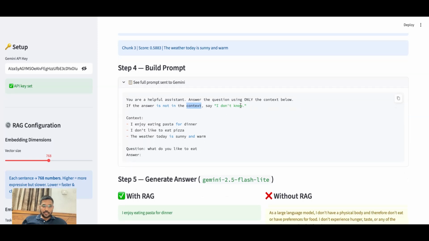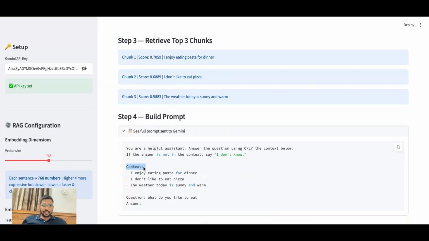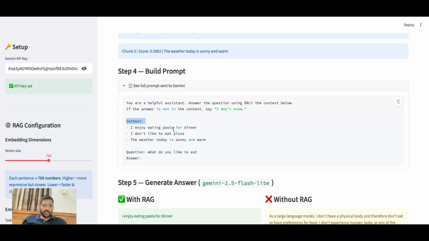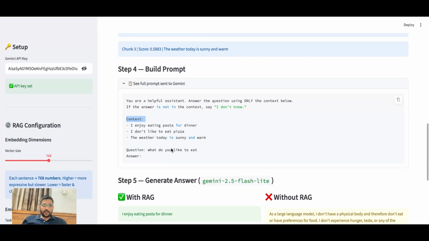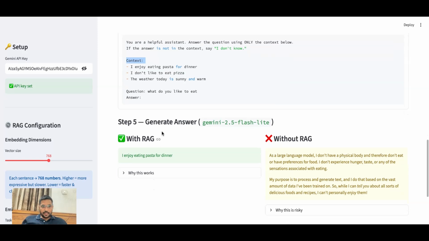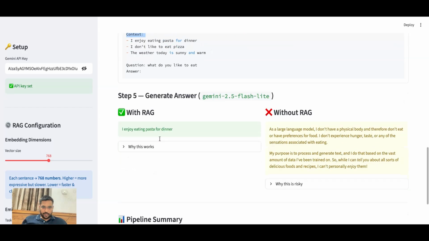So this is the prompt which we are passing to it. And the context is the data which we retrieved from our vector database: I enjoy eating pasta for dinner, I don't like to eat pizza, and so on. This is the question which we ask it, and I have given "what do you like to eat" as the question.